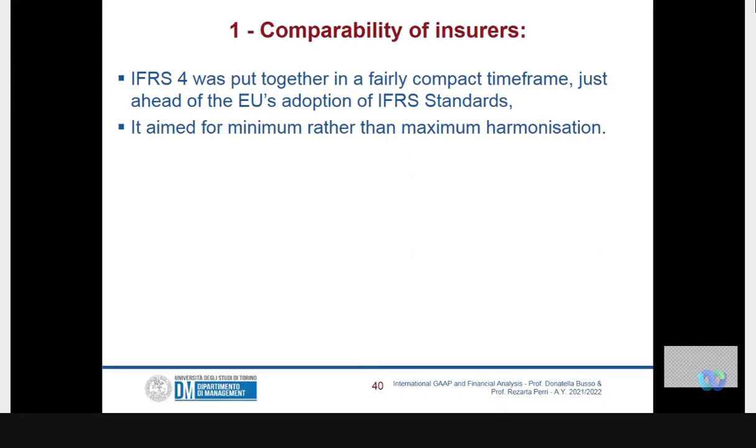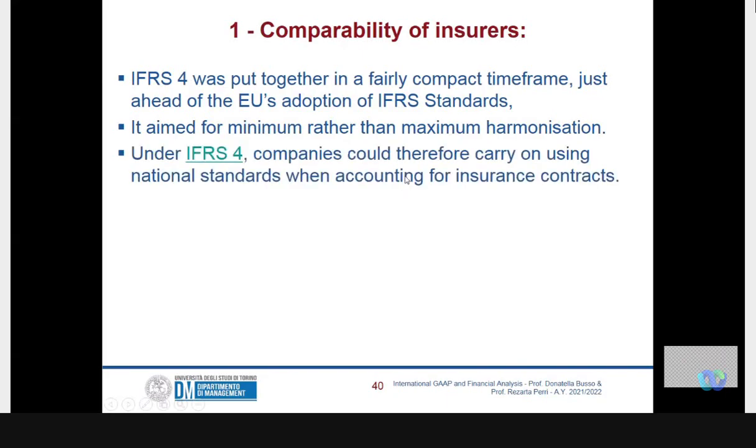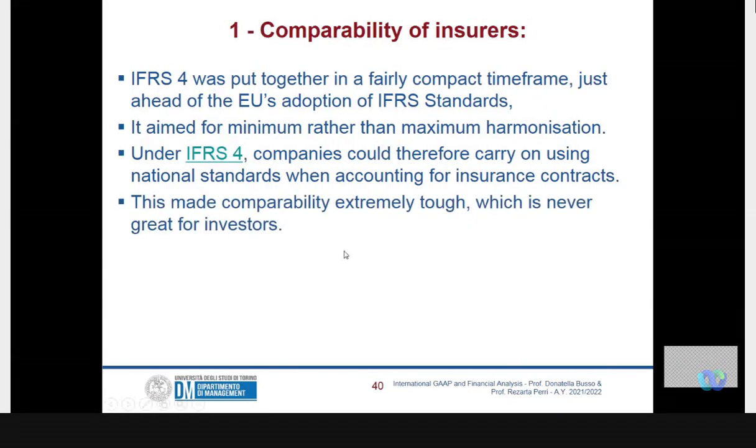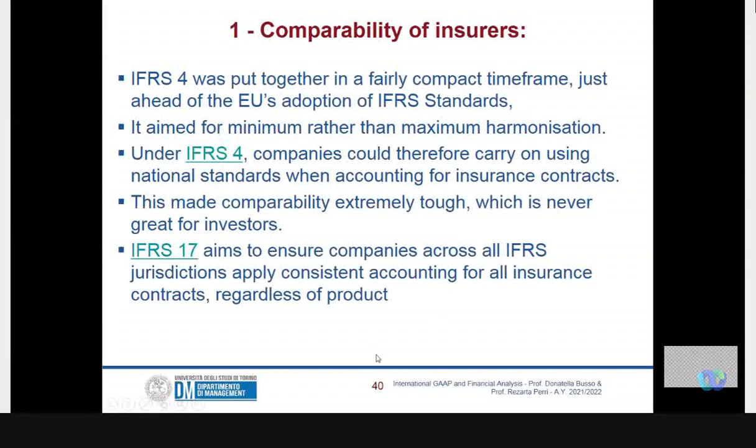So it was not meant to cover every detail. It aimed for minimum rather than maximum harmonization. Under IFRS 4, companies could therefore carry on using national standards of recognizing and measuring the insurance contracts. And this made comparability extremely tough, which is never good for investors, as we said.